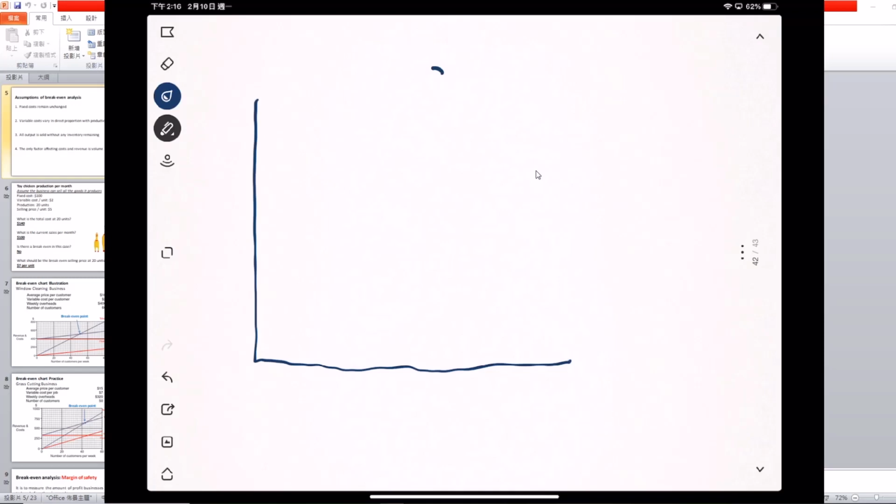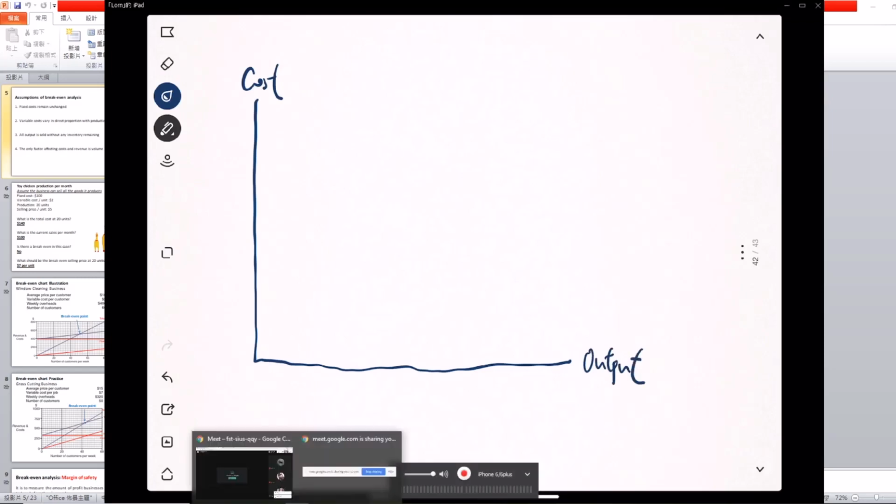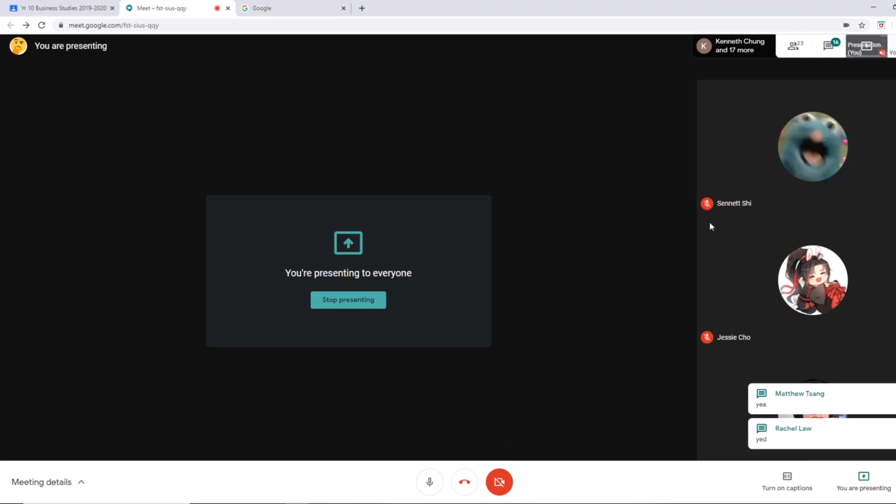Anyway, every time you draw a diagram for cost or revenue, you just have to remember the axes. The y-axis is going to be cost, and the x-axis is going to be your output. Are you able to see my drawing? Okay, that's cool.